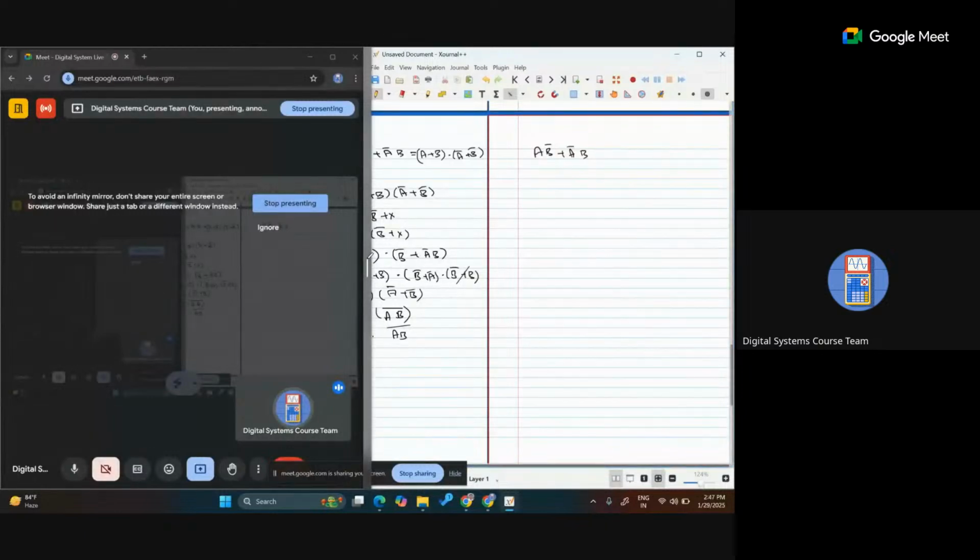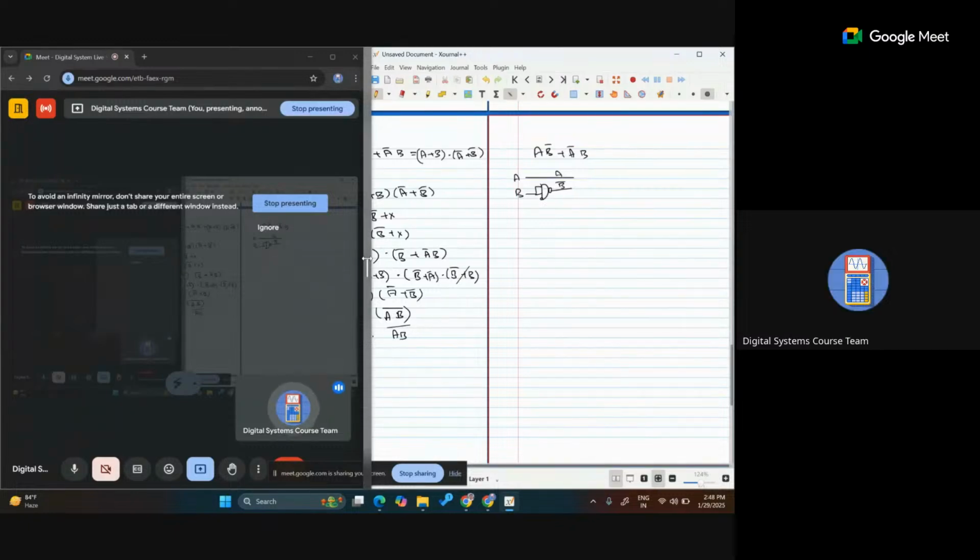This is the expression I have. So A term and B term are connected to an AND gate. It gives A and B bar. Am I right?